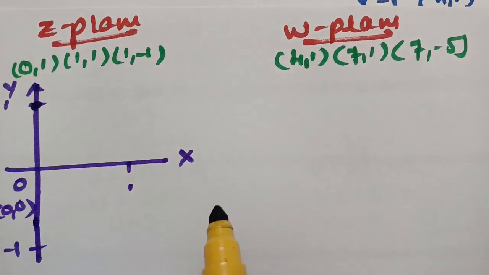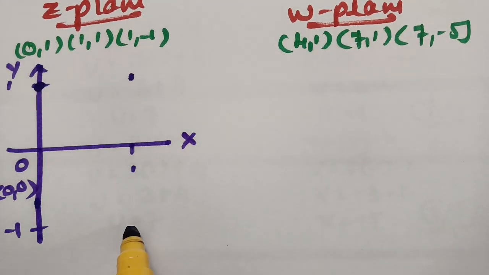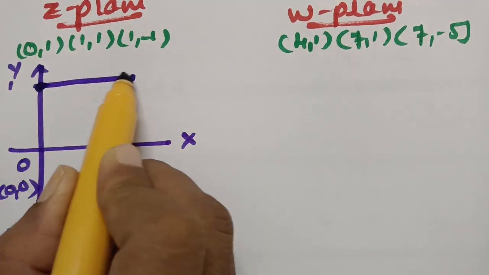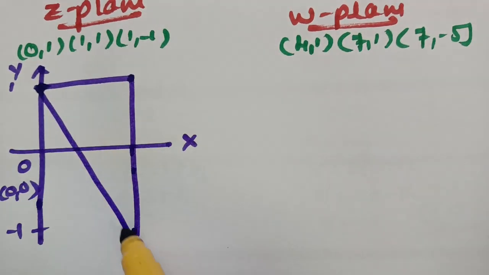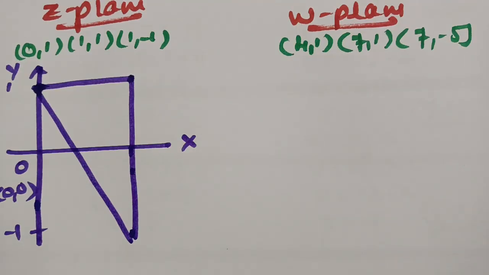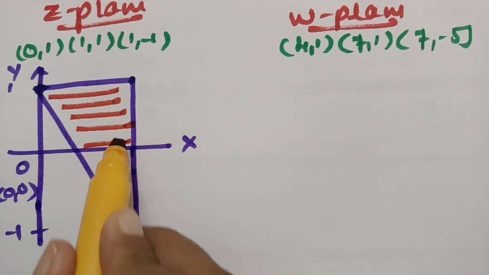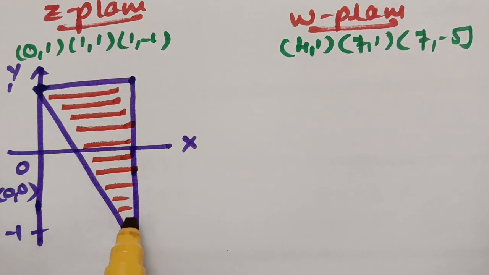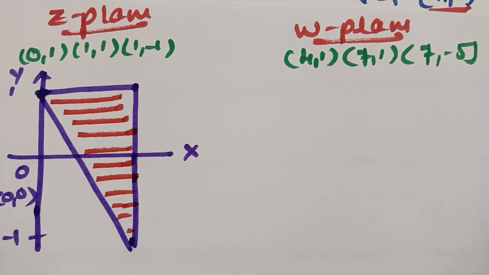So this is the point 1 comma 1, and this is 1 comma minus 1. If I join all these, this is going to become a triangle. So this is the required region in the Z plane, and how it is transformed in the W plane.